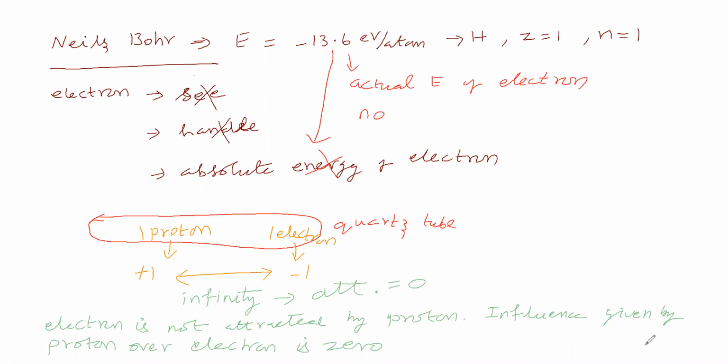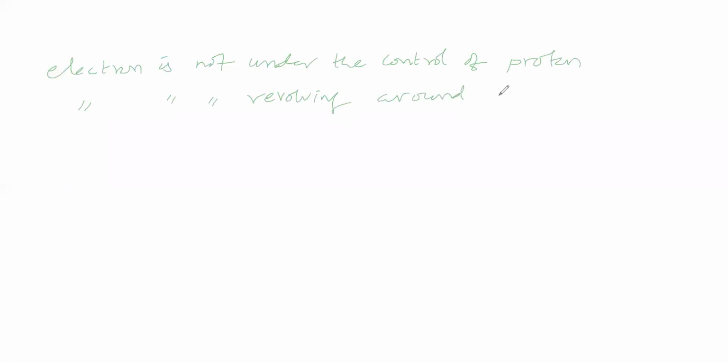So now at this distance, the electron is not under the control of the proton. The electron is not revolving around the proton.